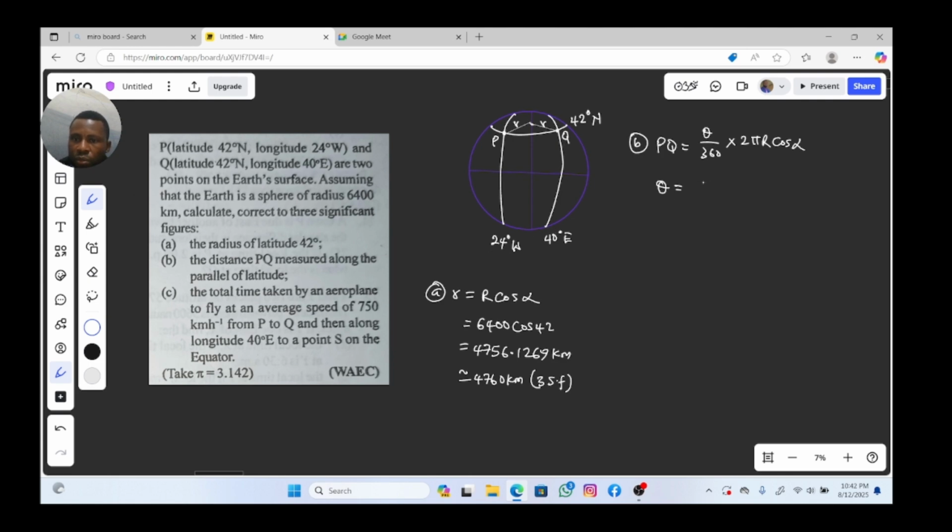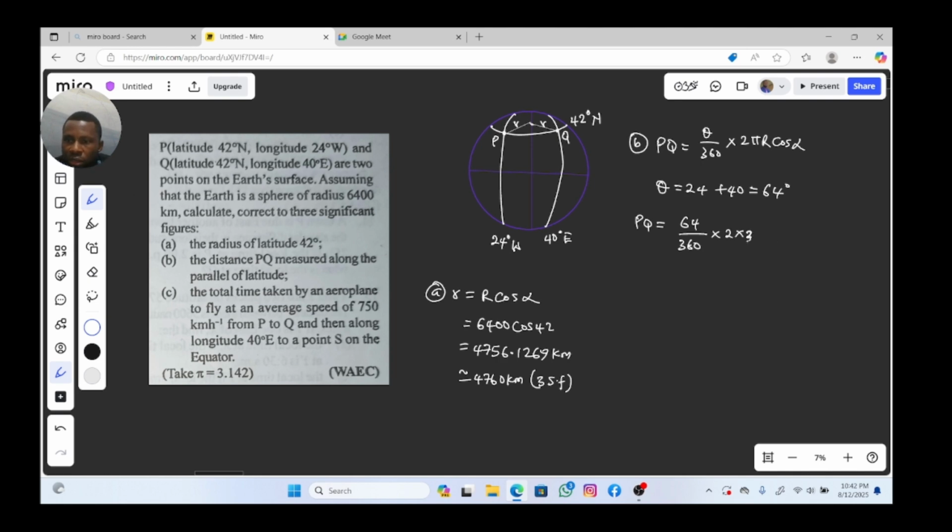So it's going to be 24 plus 40. 24 plus 40 is going to be 64 degrees.